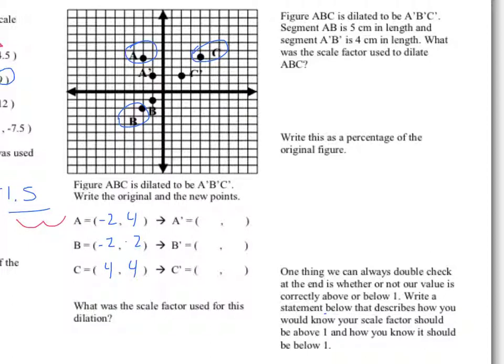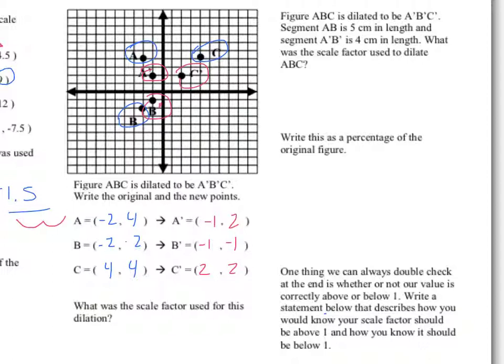My new points are these ones with the primes, and it looks like the B prime lost its prime somewhere. And C prime here. A prime is -1, 2. And -1, -1, and C prime is 2, 2. So we need to find the scale factor for this one.